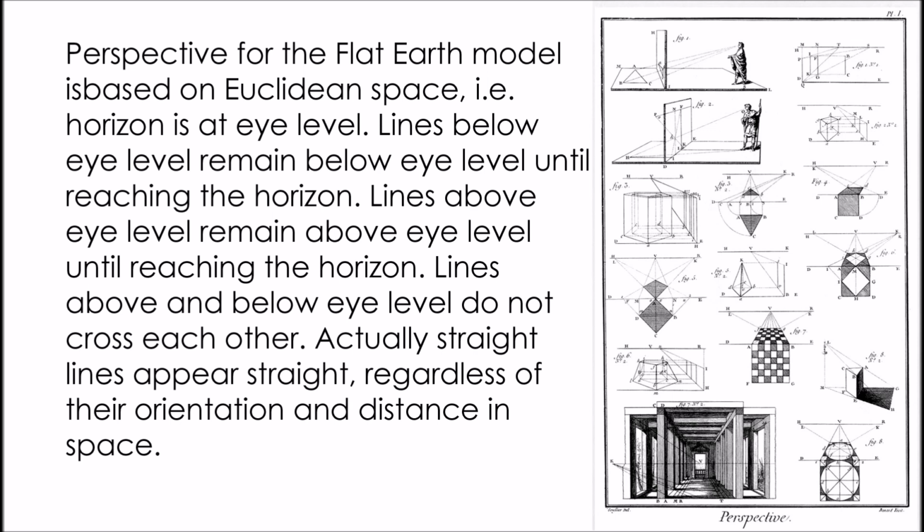Lines above and below eye level do not cross each other. Actually straight lines appear straight, regardless of their orientation and distance in space. I found this charming little engraving off to the right here, showing various perspective constructions, drawn in perspective as well, which is kind of nice.